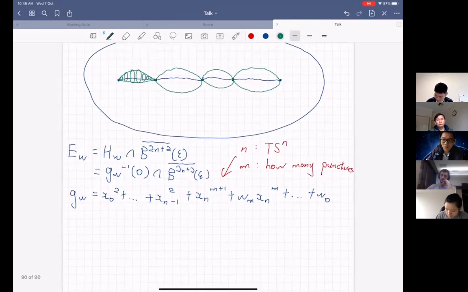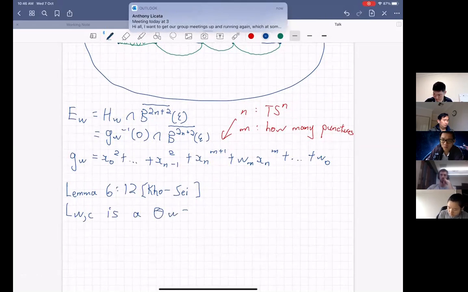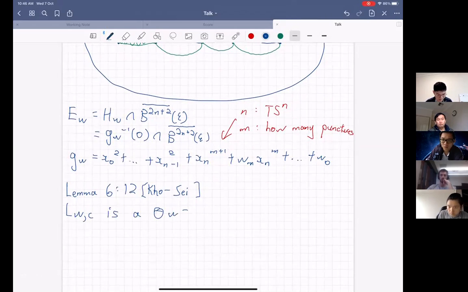Oh, actually, there's a lemma, and I have something to ask Brian about this lemma. So this lemma is about LWC. We already formed this sphere, right? So we need to prove that it is actually a Lagrangian submanifold. Coral and Seidel did it in their paper.